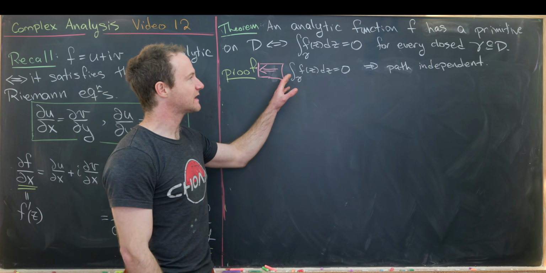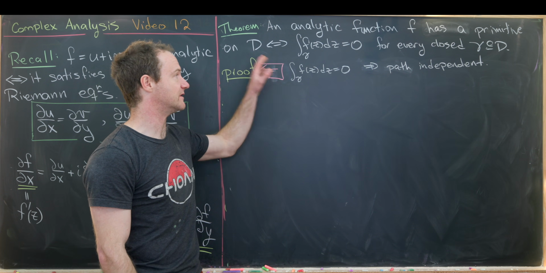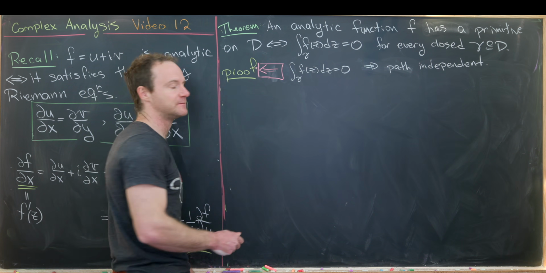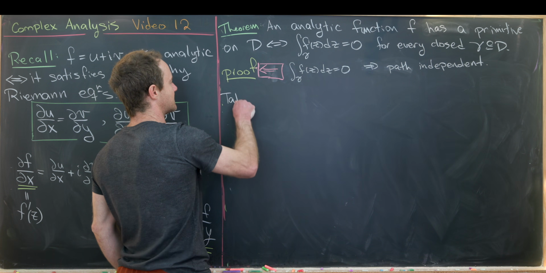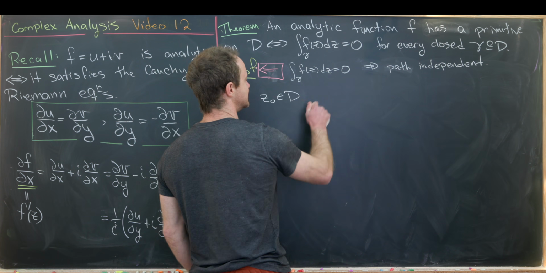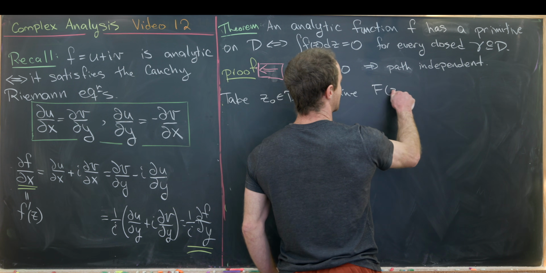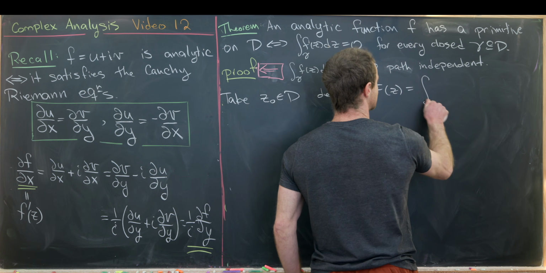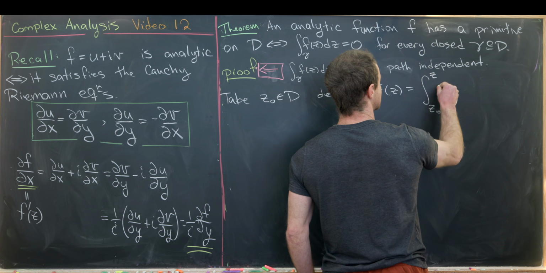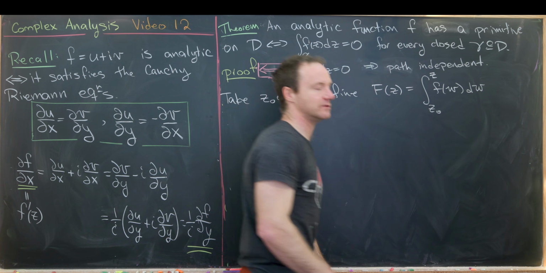Okay, so now we'd like to define something which looks like it would be the primitive, capital F, and then check that it actually is the primitive. So let's take any number, I'll call it z0, which is in D, and then let's define capital F of z to be equal to the integral from z0 up to z of little f evaluated at w dw.